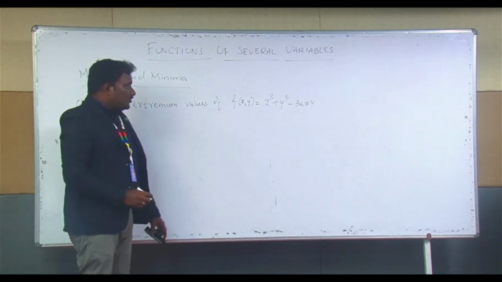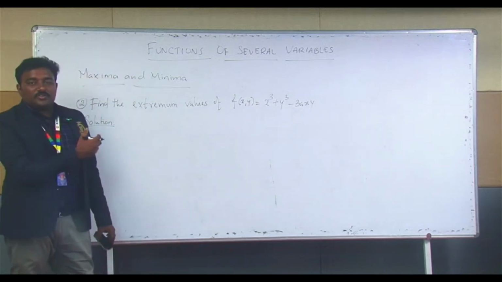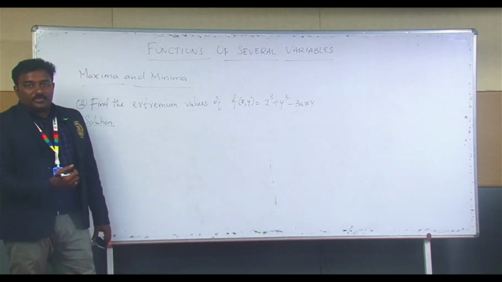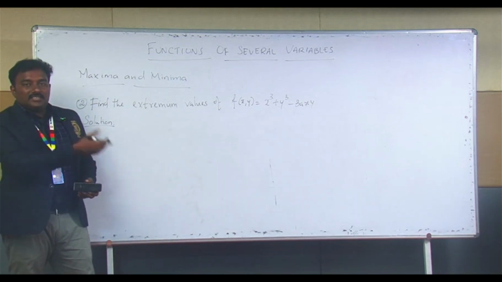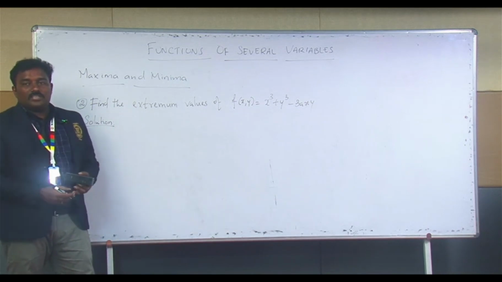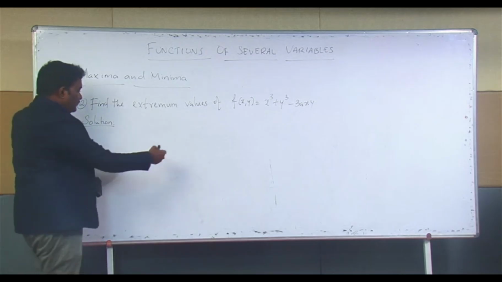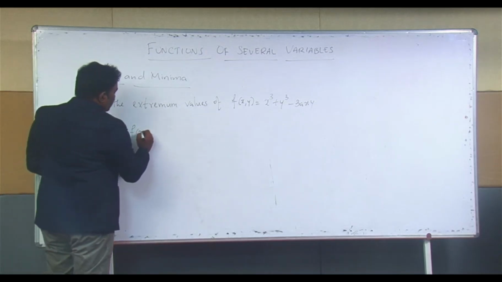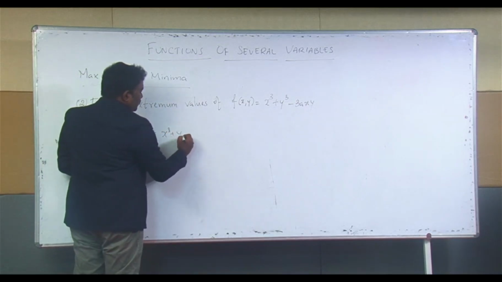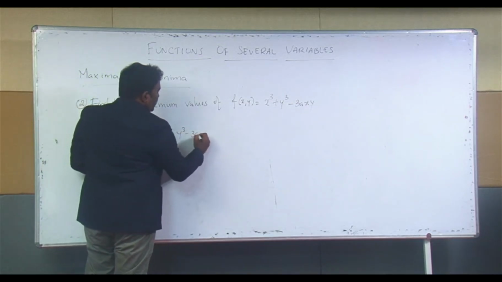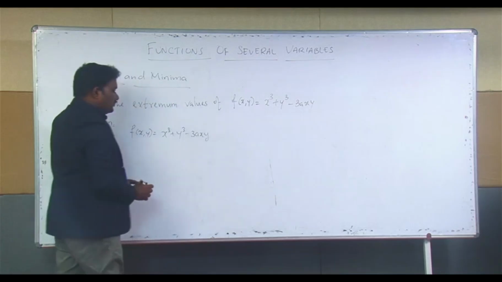Yes, the same working procedure we are going to follow here. We are going to find the first derivative with respect to x and y and the second derivative with respect to x and y again, right. So we will write the function first, f of x comma y is equal to x power 3 plus y power 3 minus 3axy.